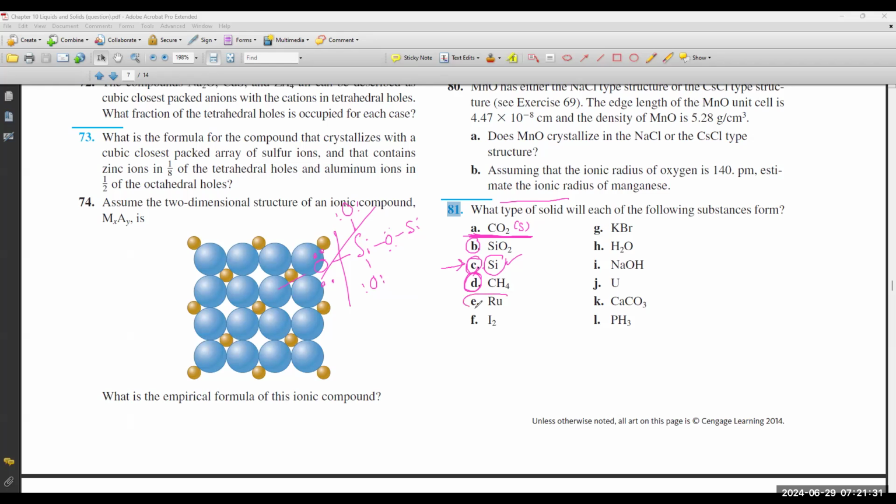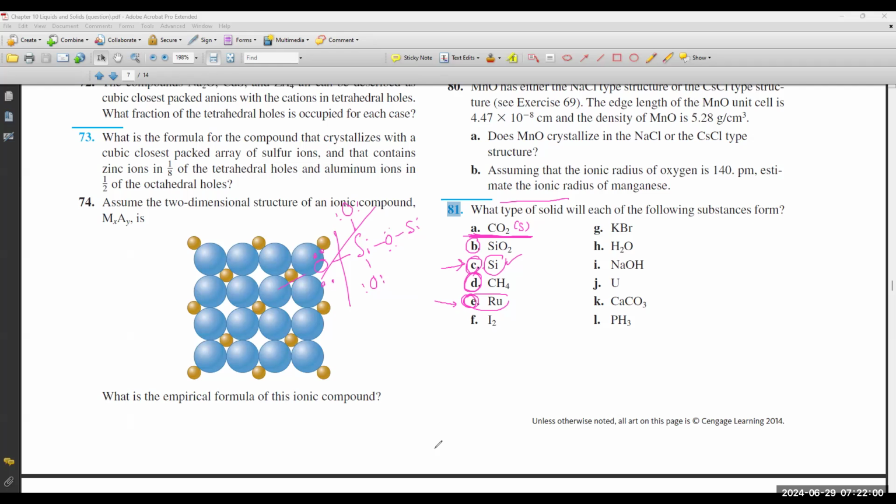What about this? Ru, ruthenium. E, ruthenium. Please type the number also. Check in the periodic table where ruthenium is. Check for the d block. It's a metal, right? So what type of solid is this? Metallic solid.